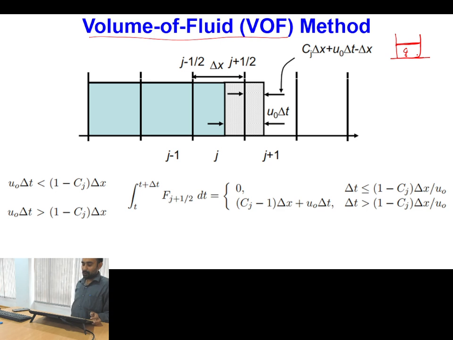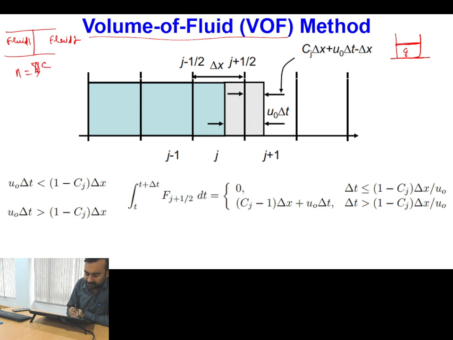Now instead of using this scheme, first I will check that in my original situation, if this is fluid 1 and this is fluid 2, where my normal is pointed to the interface. So how can I calculate the normal?